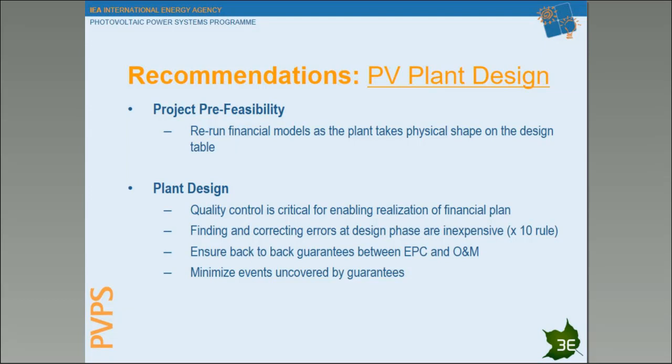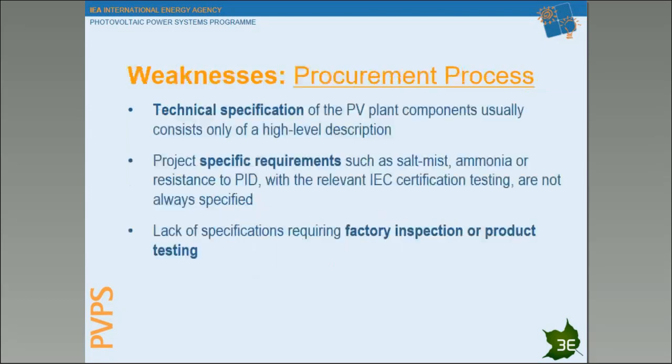For example, fixing and correcting an error in the design phase can be 10 times cheaper than in the construction phase, or 100 times cheaper than in the operational phase. Also very important is to ensure back-to-back warranties between EPC and O&M, to minimize events that are not covered by the warranties.